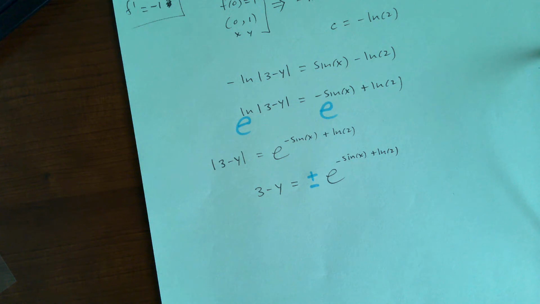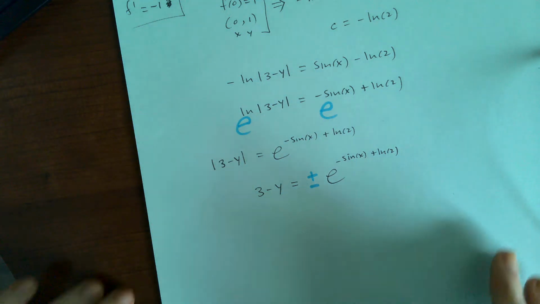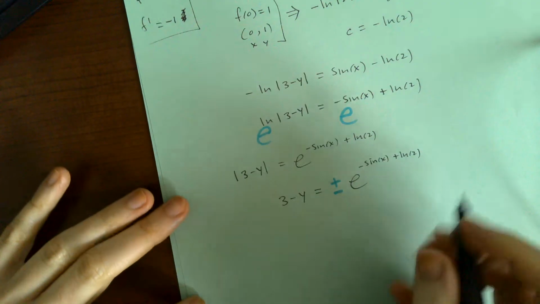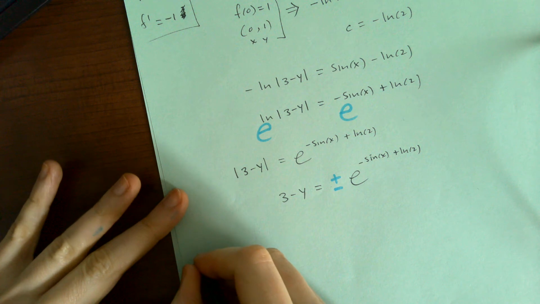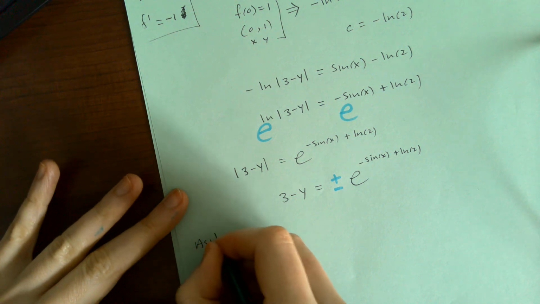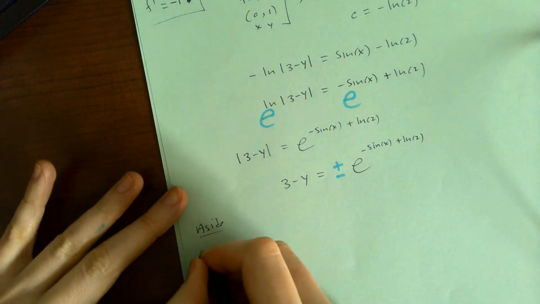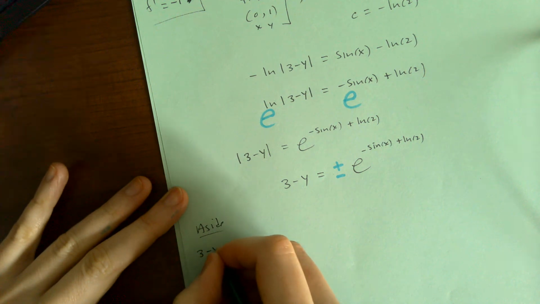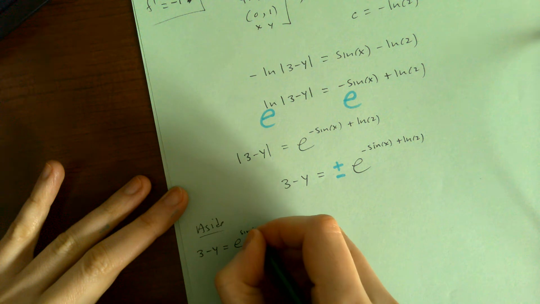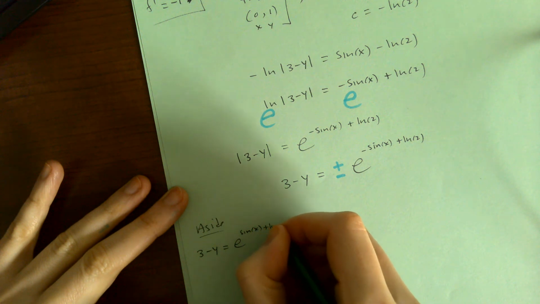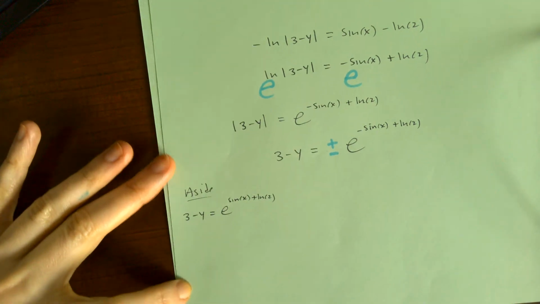Now you need to use the initial condition to figure out which one it is. All right, so let's try the positive one: 3 minus y equals e to the sine of x plus natural log of 2.